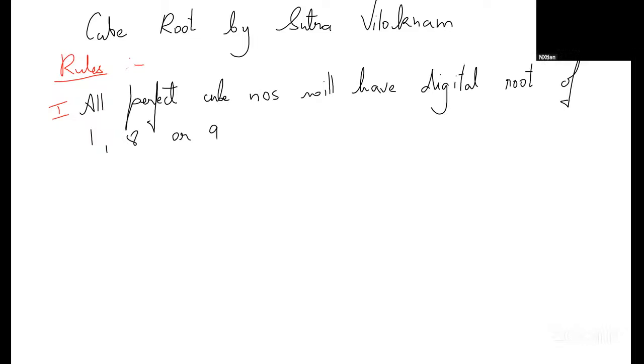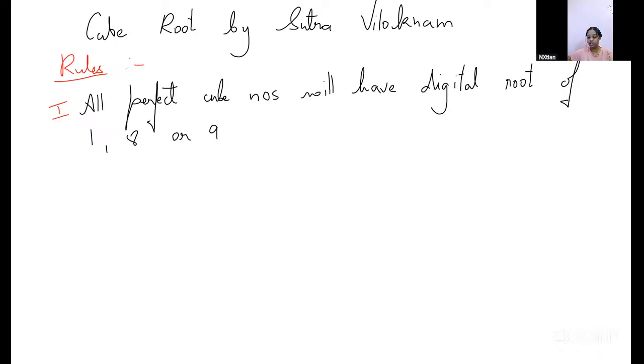Yesterday, I showed you all how to calculate a digital root. We add all the digits, and then the digits of the answer we also add, and check what answer is coming.